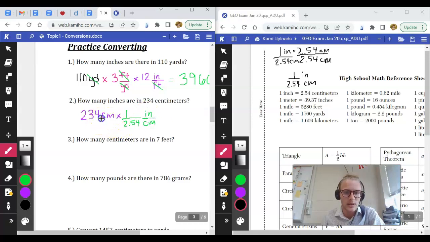And I can see again that centimeters crosses out with centimeters, and my only unit left is inches. So if I go to my calculator and type in 234 times the numerator over denominator, I can get my fraction in there. Or I could just divide these. 234 divided by 2.54 is 92.13.